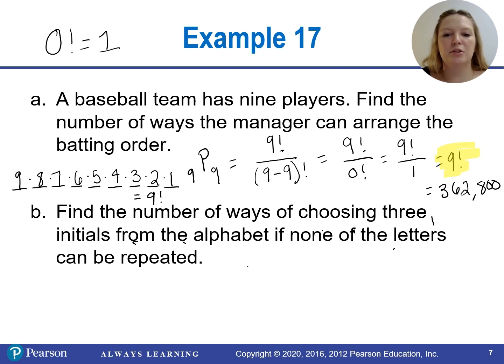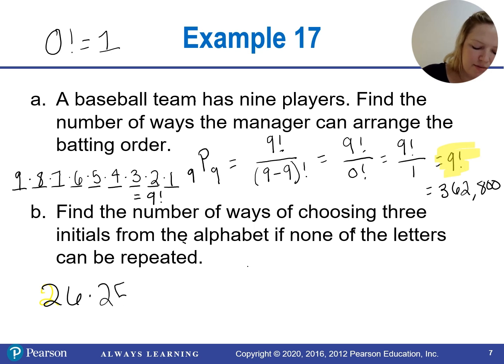And in the same way, if we go back to that example where we find the number of ways of choosing 3 initials from the alphabet if none can be repeated, what we did before was just say, all right, 26 times 25 times 24.